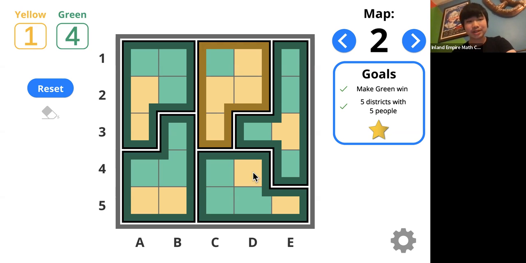These yellow votes do not help give the yellow party a seat or allow them to win a district. Do you see how that sort of works?